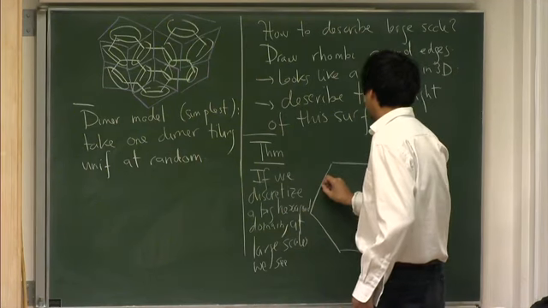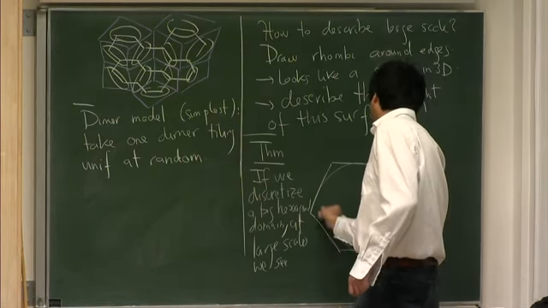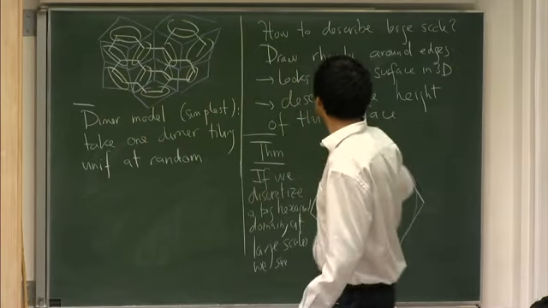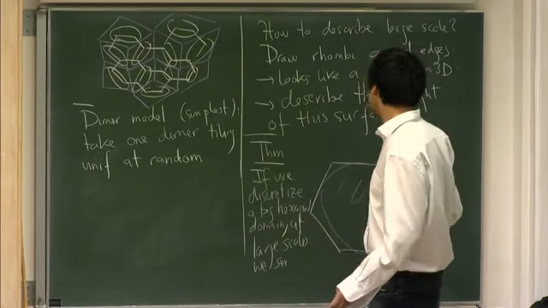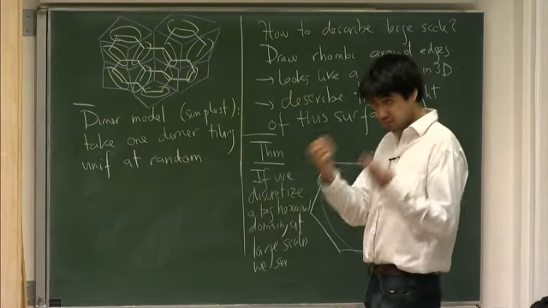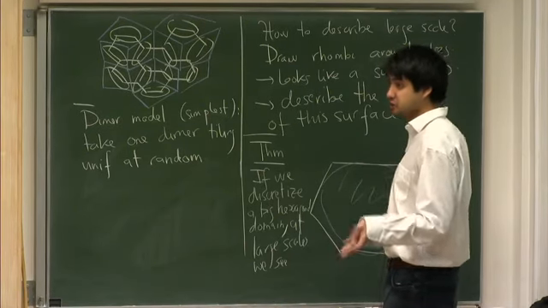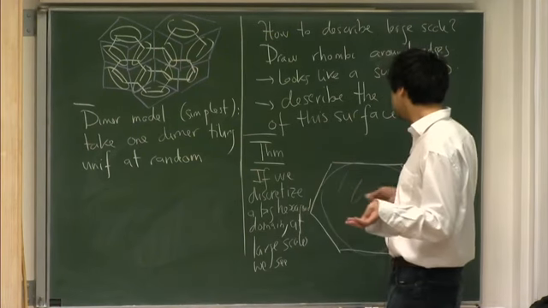I don't want to define too much, but basically, if you discretize your large hexagon into many small hexagons, and you take a dimer tiling uniformly at random, how a typical dimer tiling of this domain looks is the following.